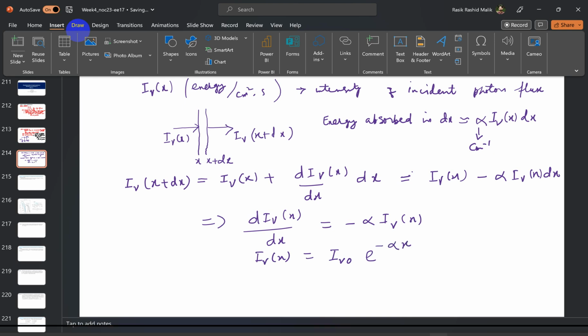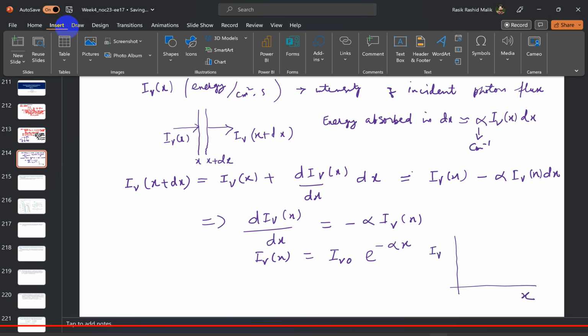So this represents the intensity of the photon flux. It decreases exponentially with the distance through the semiconductor material. Okay, so if I draw this diagram of Iv of x as a function of the distance in the semiconductor medium.